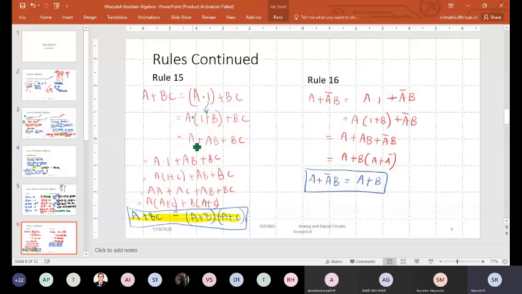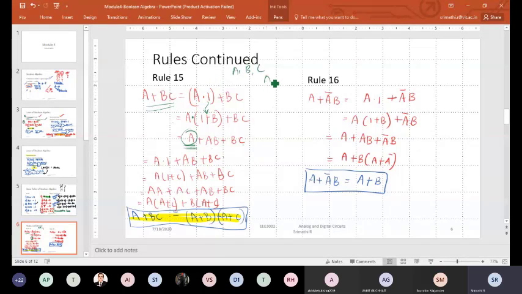So a into 1 is a, a into b is ab, using the distributive law. So now I am getting a plus ab plus bc. Now this a is a single literal, so again I multiply this a with 1. Totally we have three variables a, b and c.